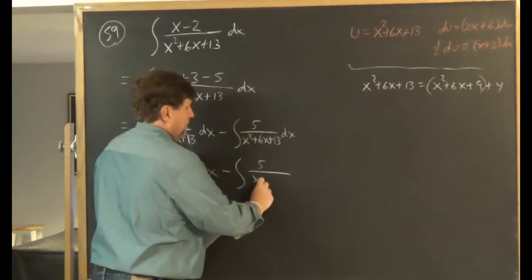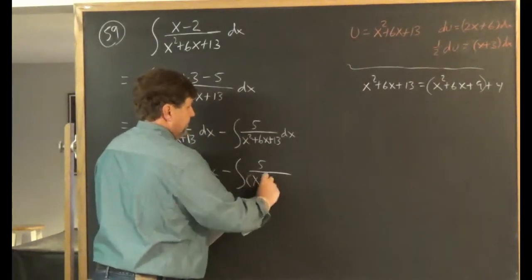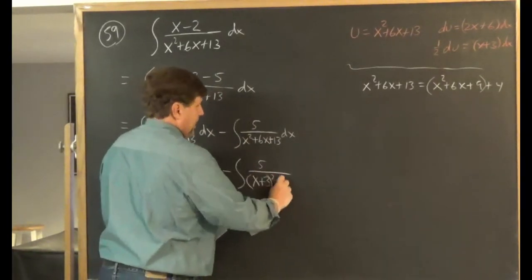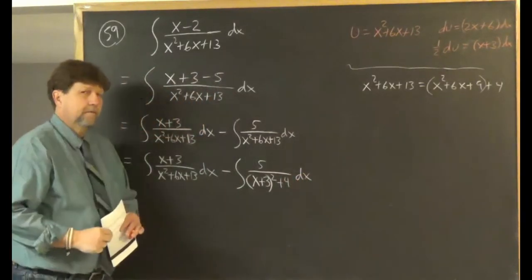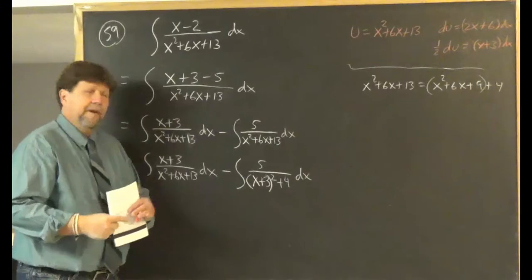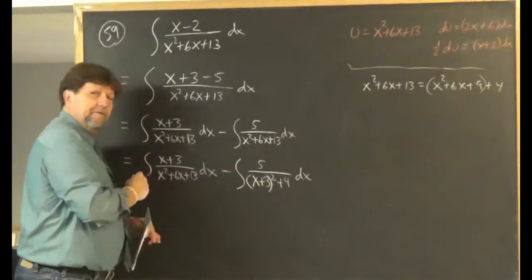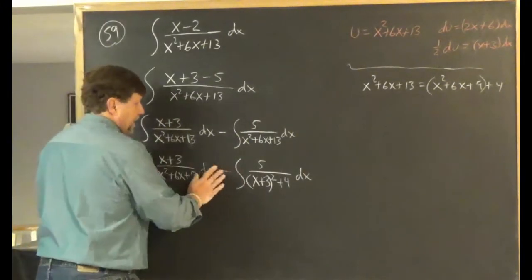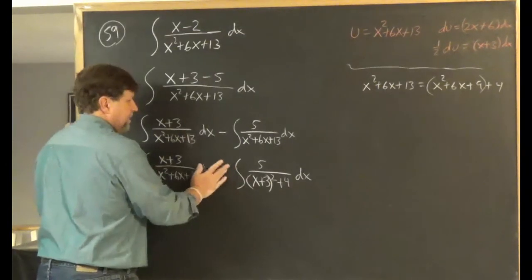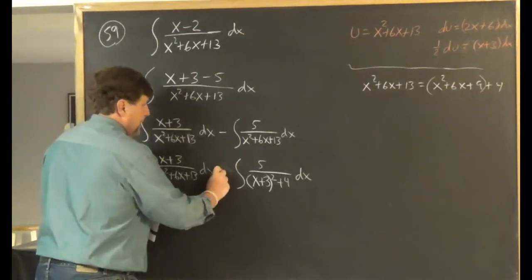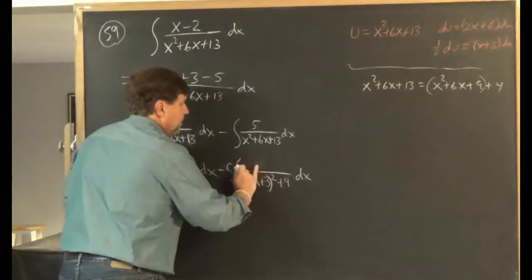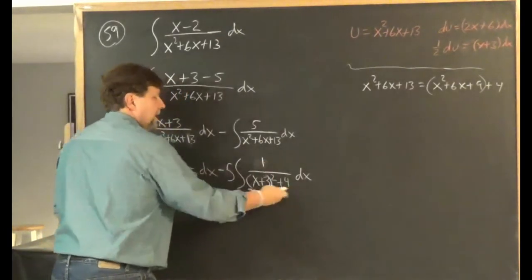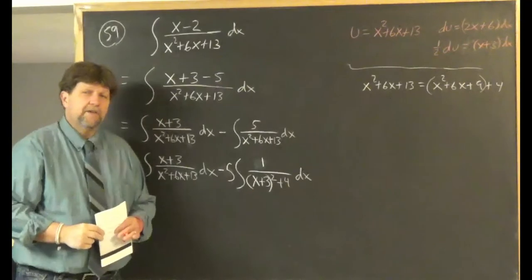It's x plus 3 quantity squared. In fact, I could take the 5 and rip it out front. Let me rip the 5 out front. That surely looks like an inverse tangent to me.